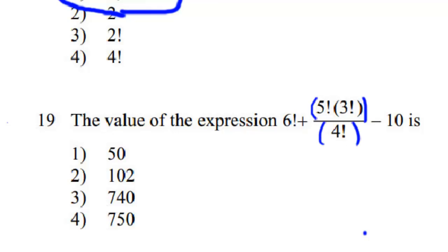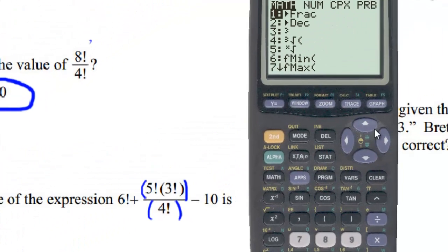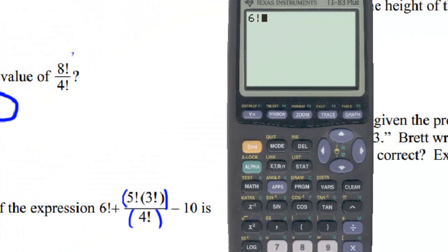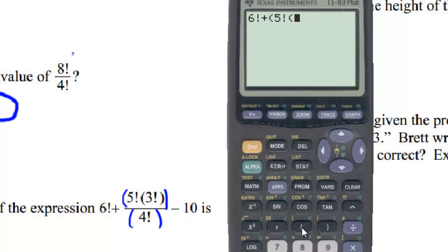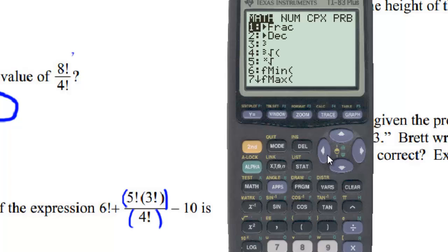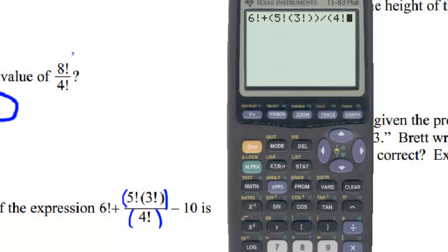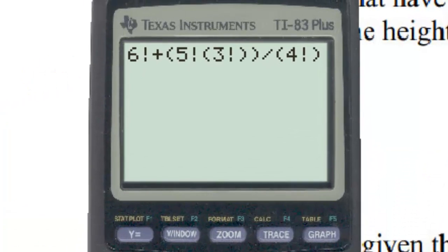So now we're going to go into our calculator, and let's do 6 factorial plus, and then I'm going to do the open parentheses, 5 times 3 factorial, close parentheses, and then close parentheses, divided by, I'm going to do open parentheses, 4 factorial, close parentheses, minus 10.